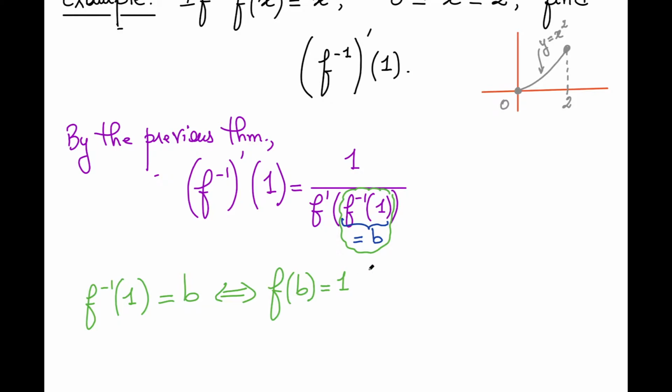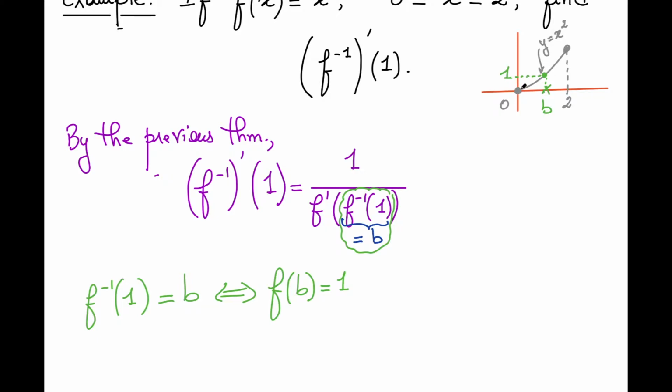Make sense? So I'm looking at a point here, questioning what that thing is, whose image under f is 1. That's the b here. It's not hard to see what b should be.